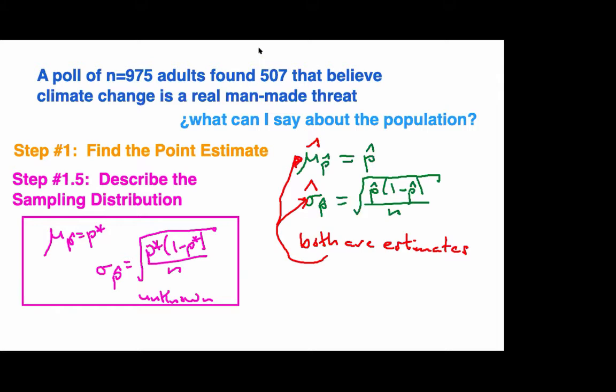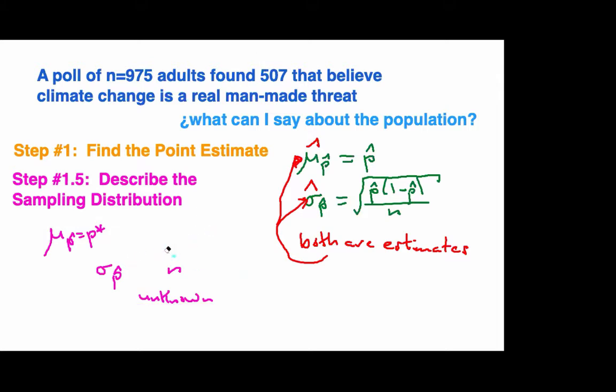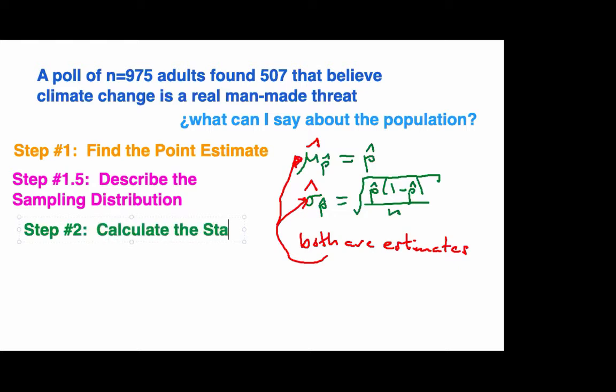So what I'm going to do is go ahead and erase this because I want to say what this is. The step that we just did was step 2. Step 2 is to calculate the standard error.